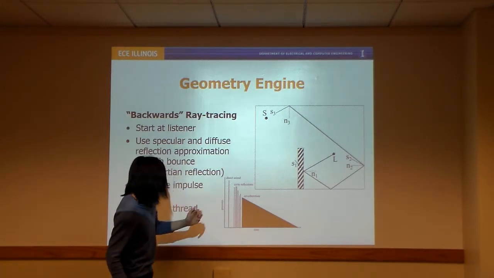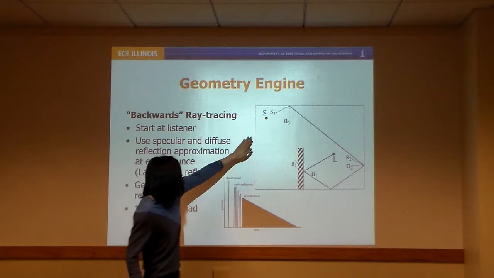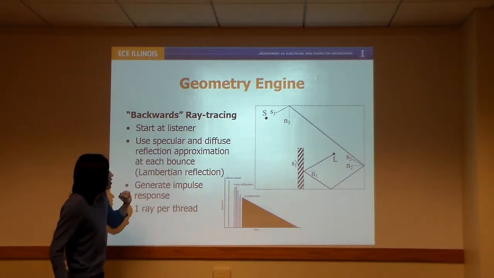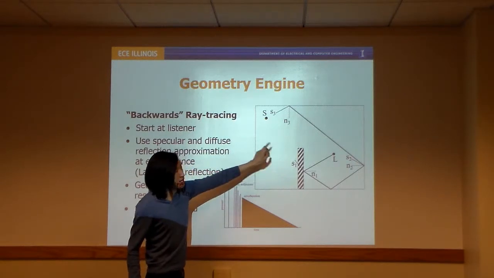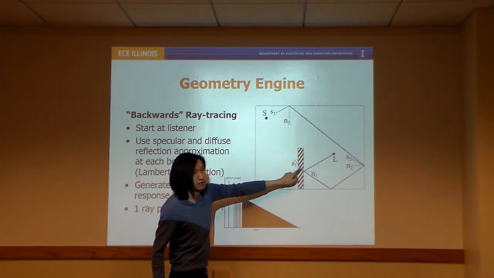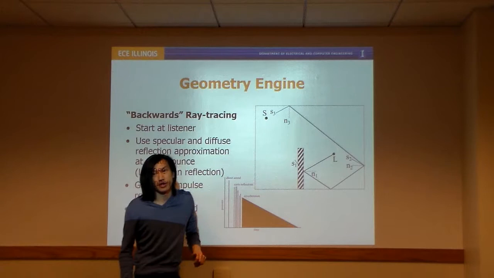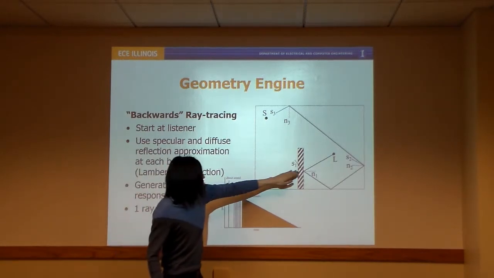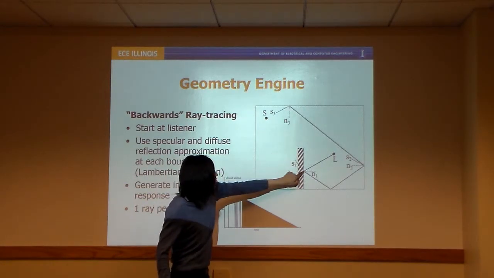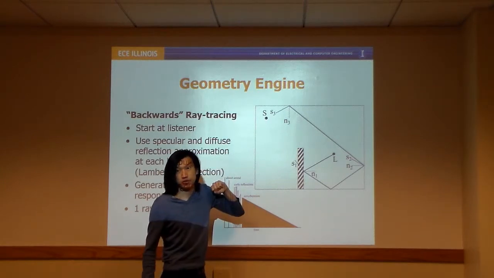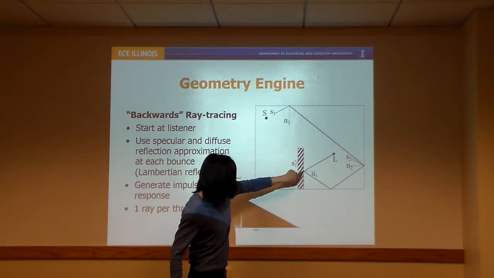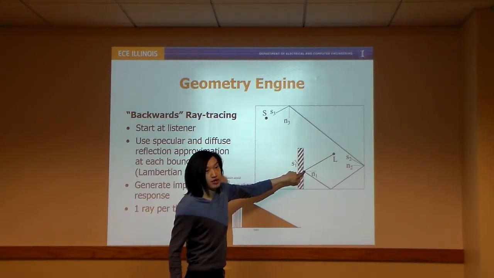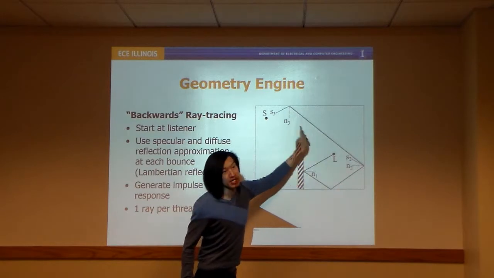If it does, then we want to evaluate how perfect that reflection is to the source. If it doesn't, as in this case, where it's occluded by this barrier here, then we say the audio energy is occluded from the source at this point. Then we make a perfect reflection from that first intersection point, and we keep doing this process.